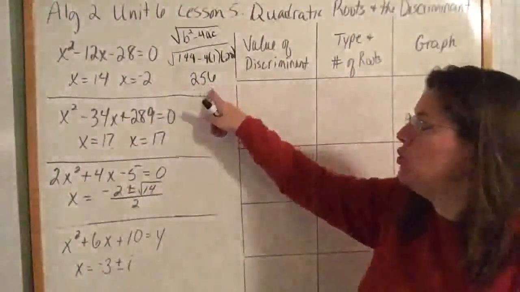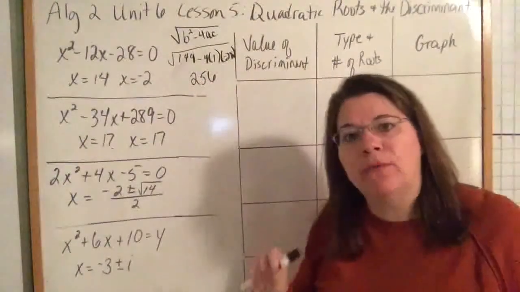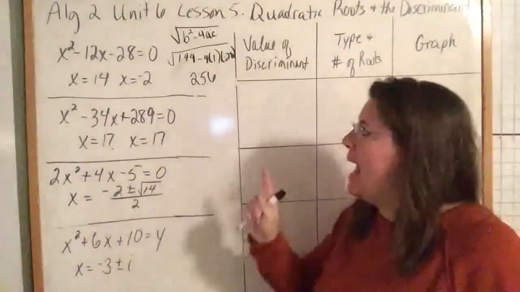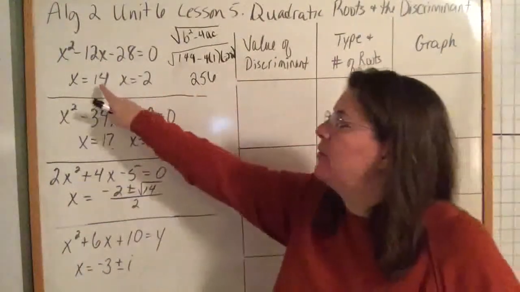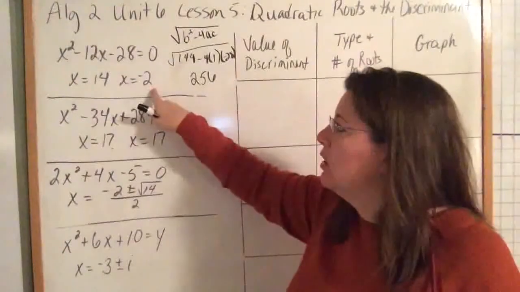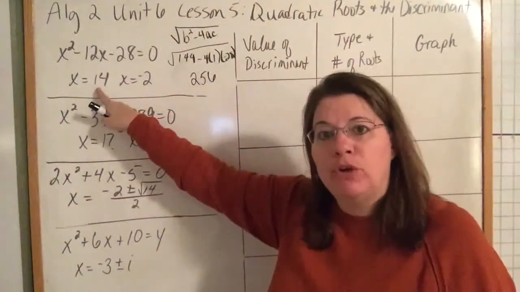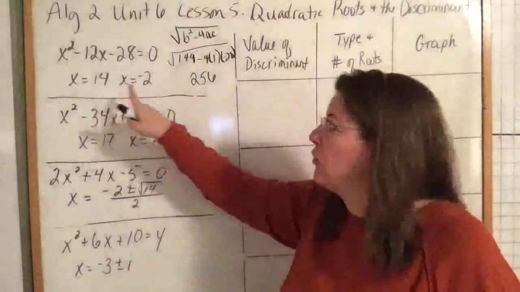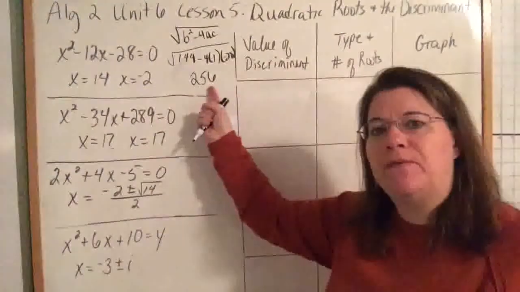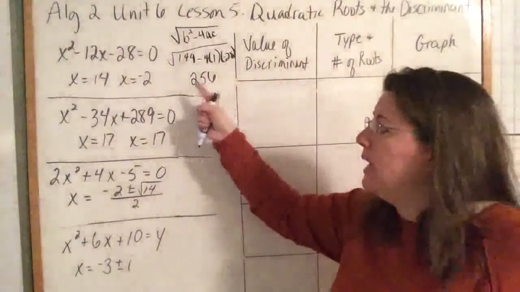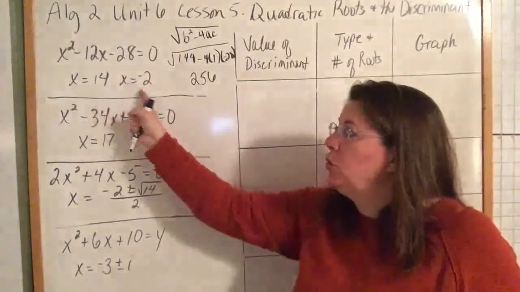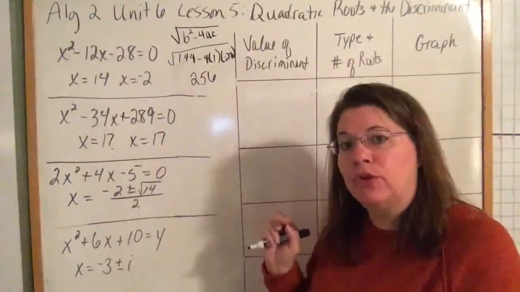So that means 256 is a perfect square. Now, what happens when we have a perfect square here is we're going to end up with 2 real rational roots, and those roots will be integers when that happens. Since 256 is a perfect square, 16, what we ended up with here were 2 real rational roots.